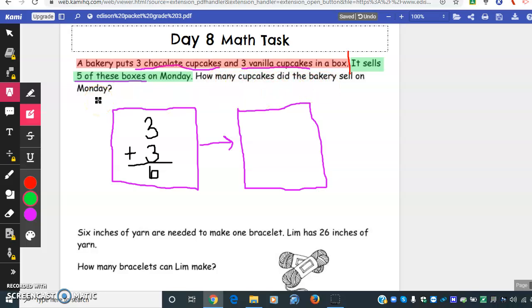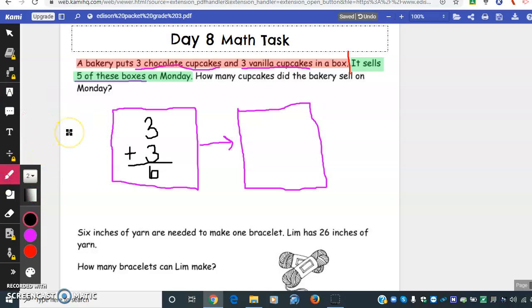And our job is to find out how many cupcakes did the bakery sell on Monday. I know that there are 6 cupcakes in each box, and the bakery is selling 5 boxes on Monday. I do not see the word each in this story because it's hidden. I understand, however, that there are 6 cupcakes in each box because it says they put those cupcakes in a box and then they sell 5 boxes.